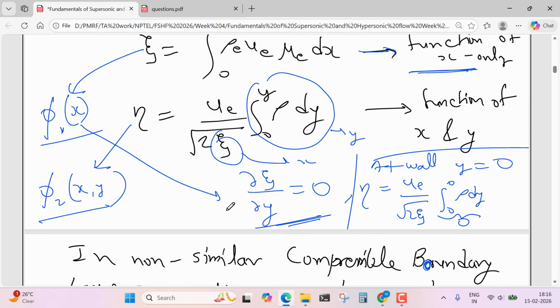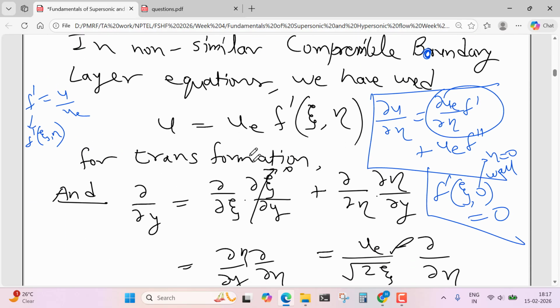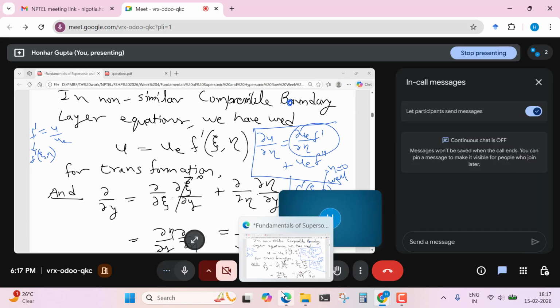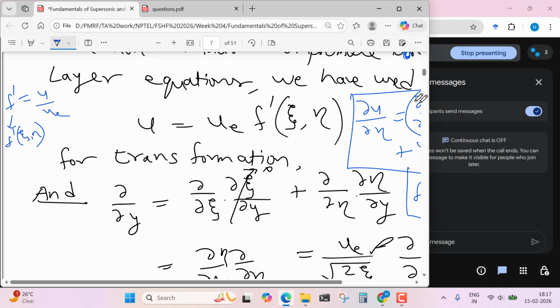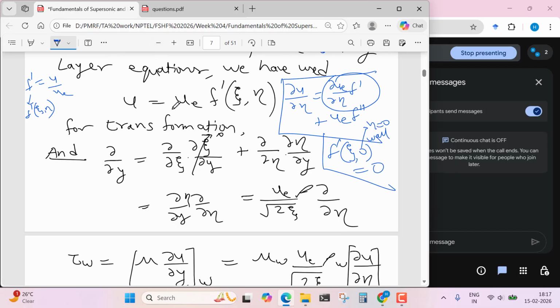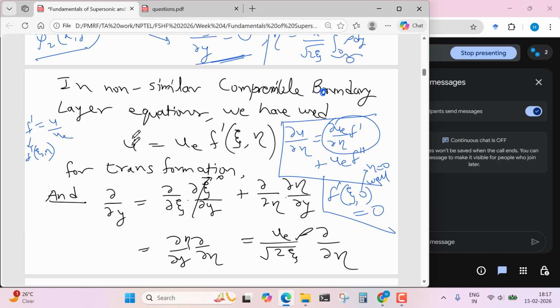So we will find the derivative dou by dou y. Dou by dou y is dou by dou xi into dou xi by dou y plus dou by dou eta into dou eta by dou y. Now we have seen that xi is a function of x only, so dou xi by dou y is 0, and this term will be 0.